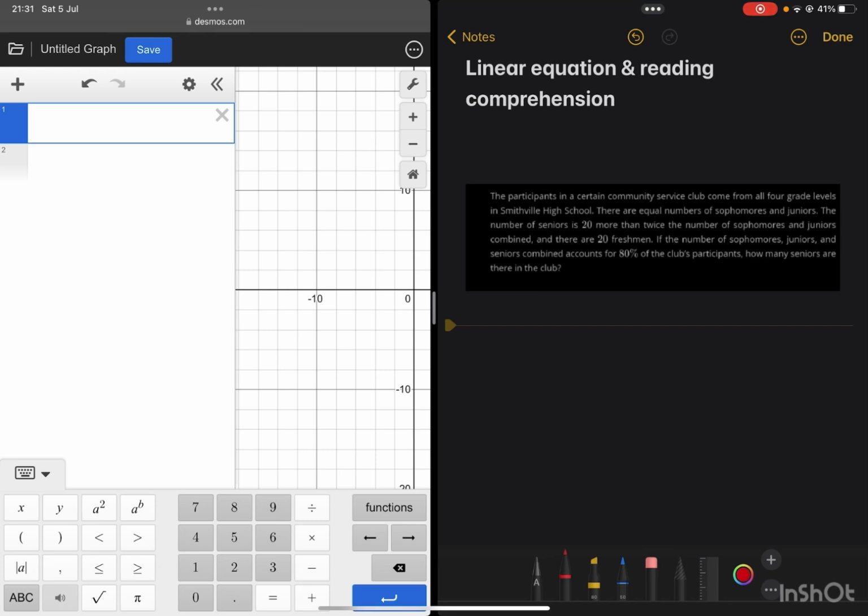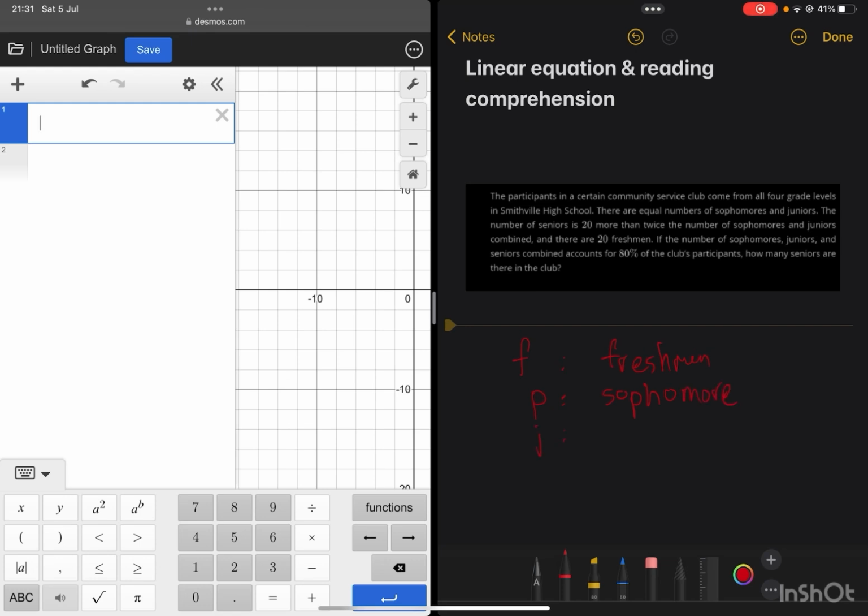Now we're gonna assign symbols to our sophomores, freshmen, seniors, and juniors. F is our freshmen, and P is our sophomores, because S would be the same for sophomores and seniors.